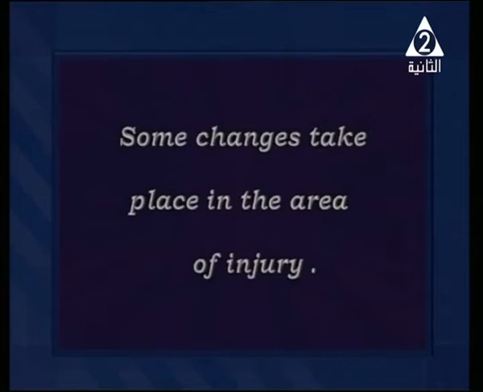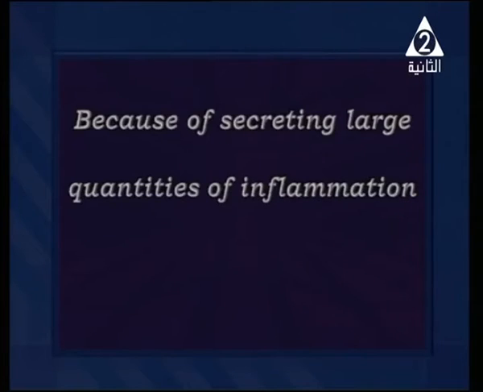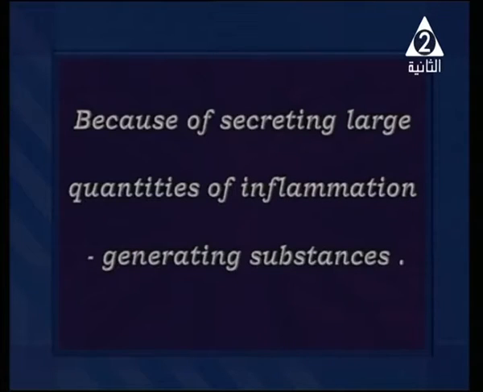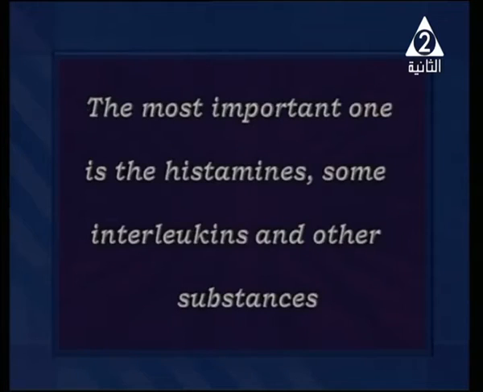Some changes take place in the area of the injury, where the blood vessels dilate, expanding to the maximum limit, because of the secretion of large quantities of inflammation-generating substances. The most important here are the histamines. They are a group of substances secreted by your body.